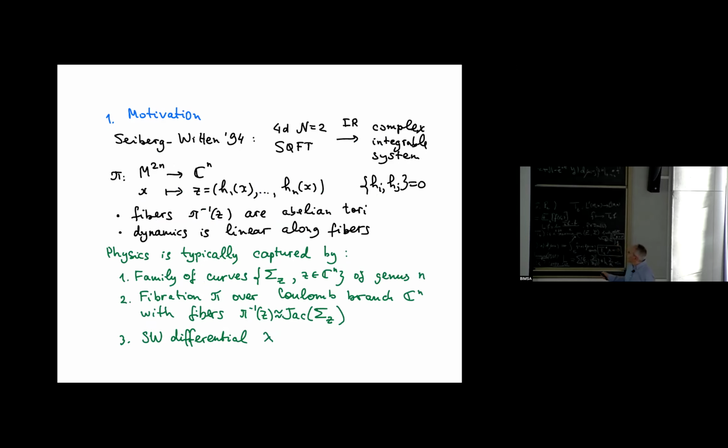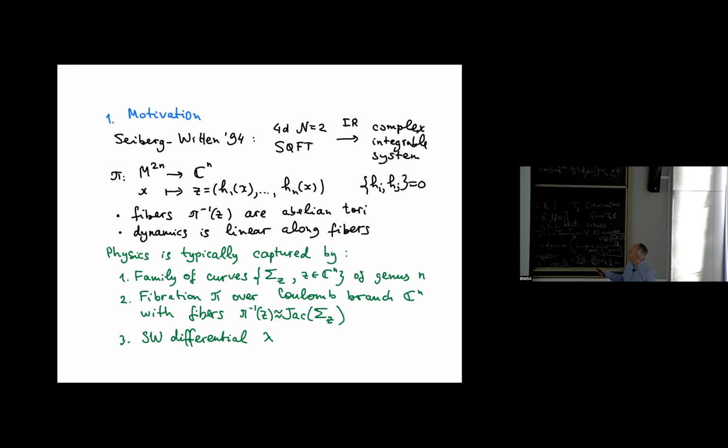Okay, so let me start with the motivation. The motivation comes from physics, and it all started with the observation by Seiberg and Witten, saying that every four-dimensional N=2 supersymmetric quantum field theory has an underlying complex integrable system, which can be observed at low energies.